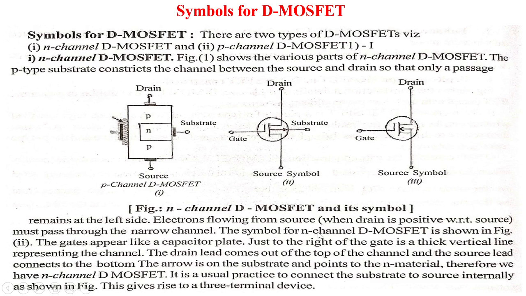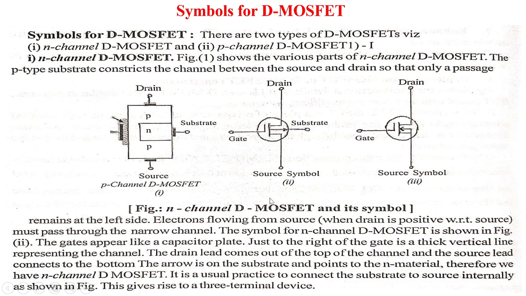And the symbol for N channel DMOSFET is shown in the second figure. The gate appears like a capacitor plate. See in figure, that gate terminal appears like a capacitor. Just to the right of the gate is a thick vertical line connected to the bottom.